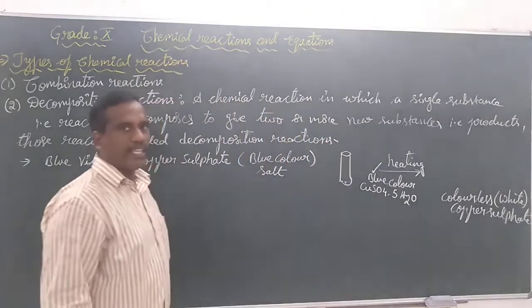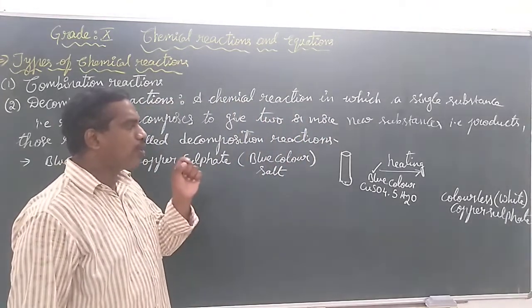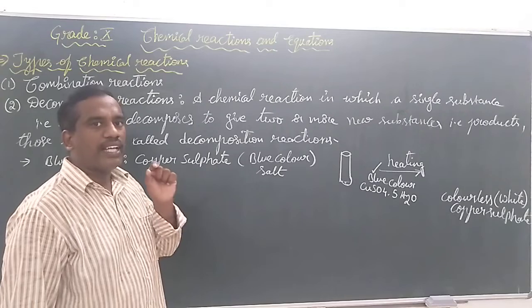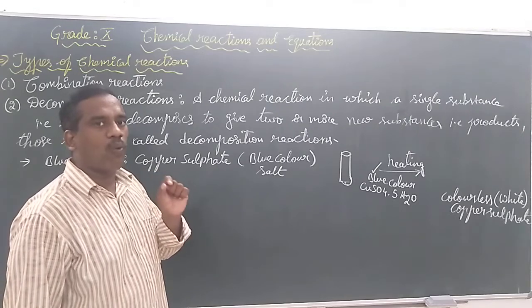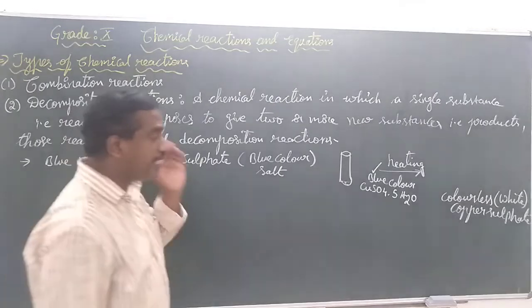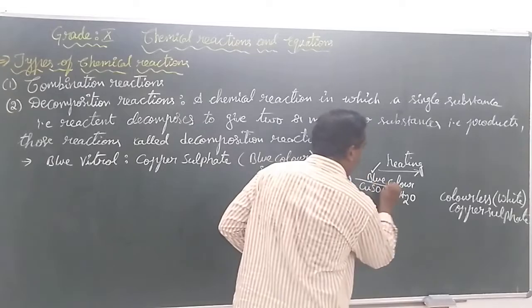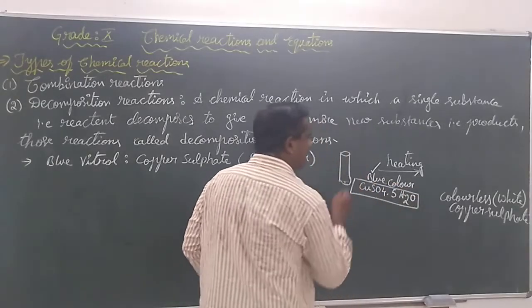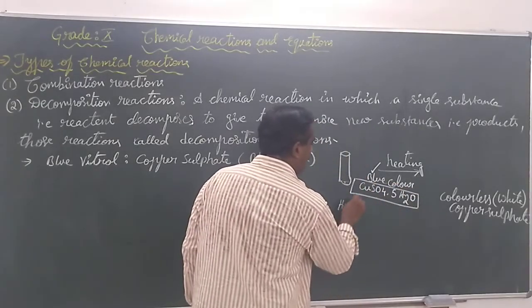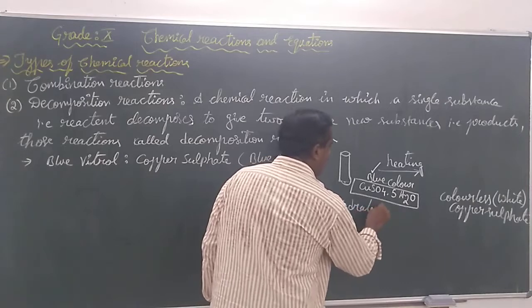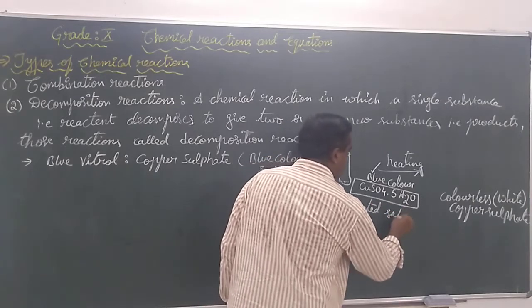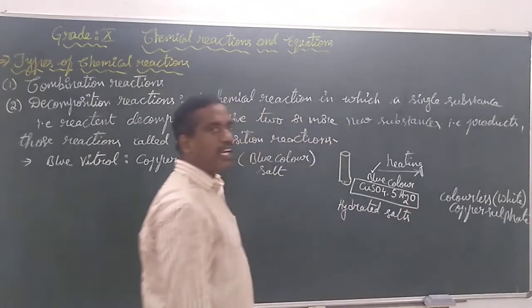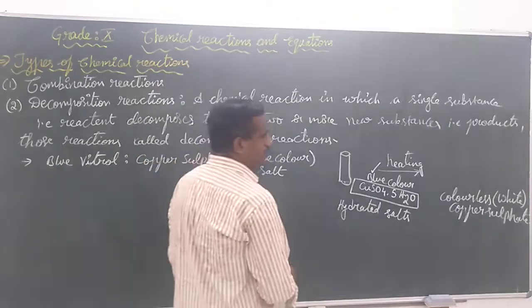For a molecule of copper sulfate, there are some fixed number of water molecules, H2O. Salts that contain these fixed numbers of water molecules are called hydrated salts. What are they called? Hydrated salts.